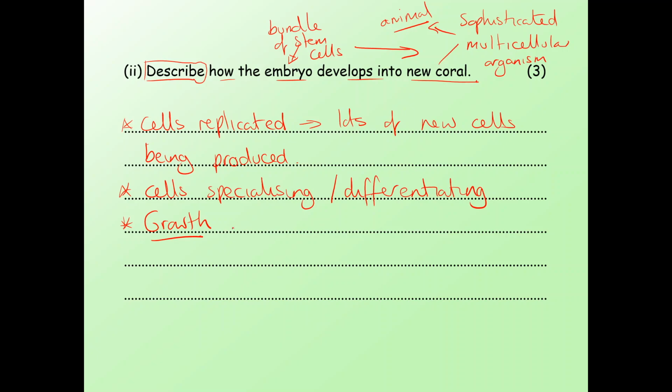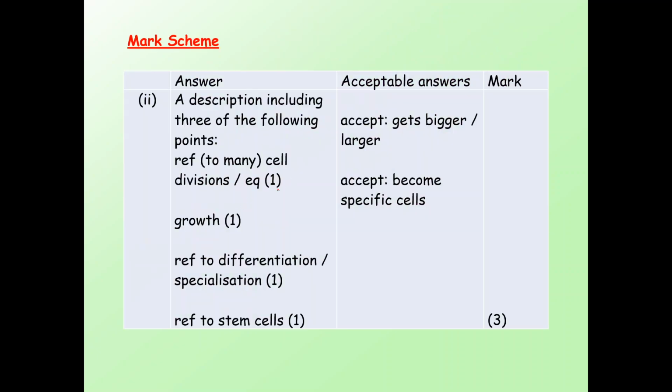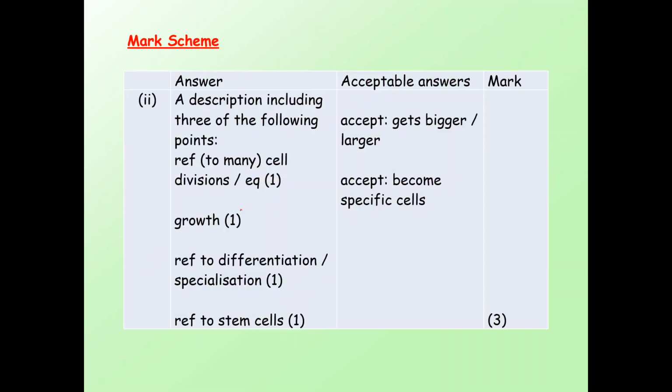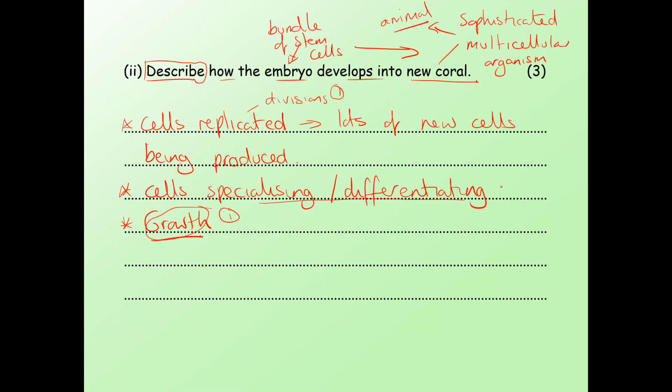Brilliant. Right, now let's have a little look at the mark scheme. So if we talked about the fact that there is cell divisions, okay, so if your answer talked about cell replication or divisions, that would be 1 mark. Here if we talked about growth, 1 mark. Okay. If in your answer you talked about differentiation or specialization, here, 1 mark.